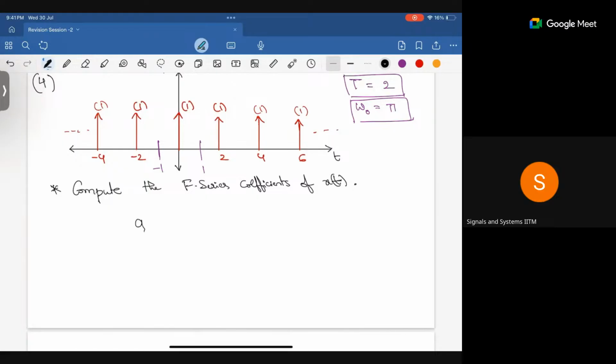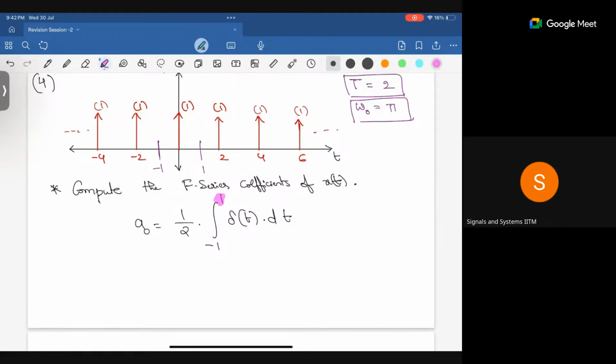So if you pick minus 1 to 1, I'll have to compute A naught. So A naught is 1 by 2 integral minus 1 to 1, and we have x of t as delta of t dt. And what is the integral of minus 1 to 1 of delta t dt? What is the area under the Dirac delta?